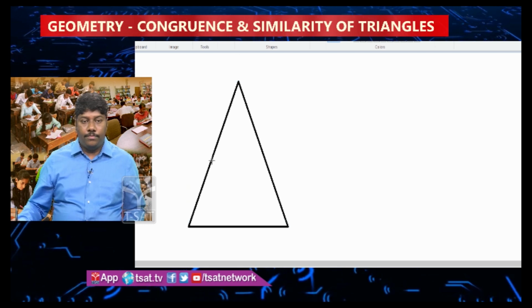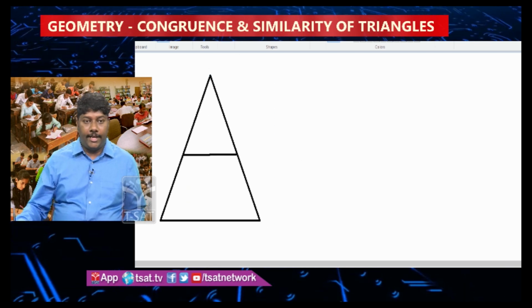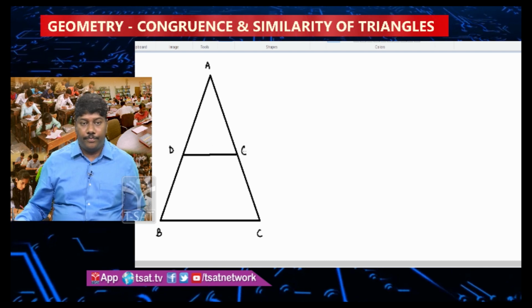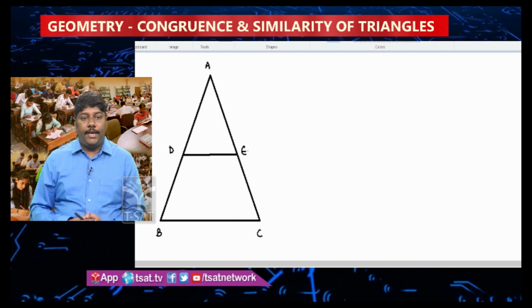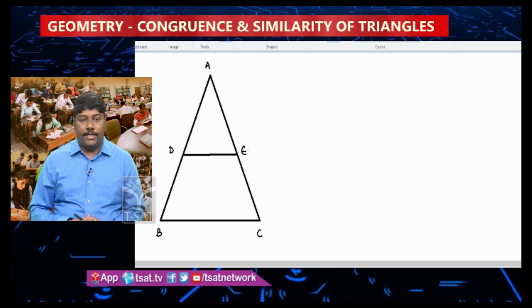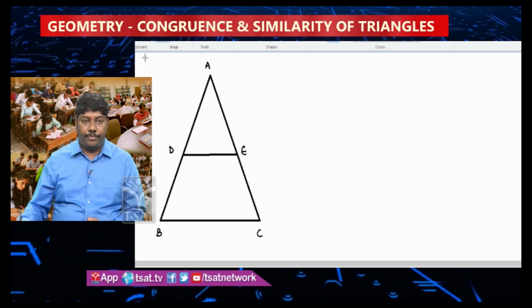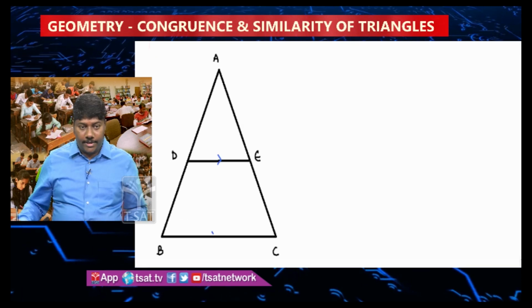The moment you know, I am taking the triangle ABC. I have taken 2 points D and E. D and E are the 2 points on the sides AB and AC respectively. DE is parallel to BC.